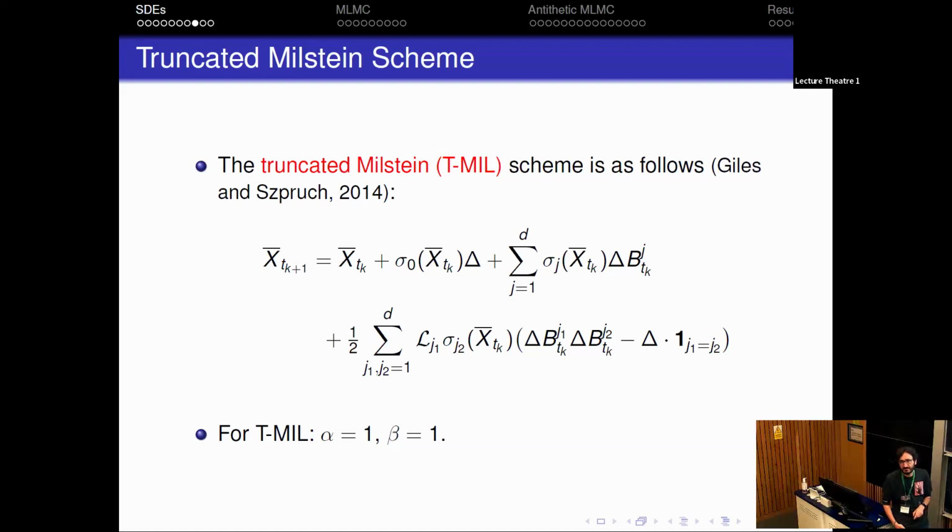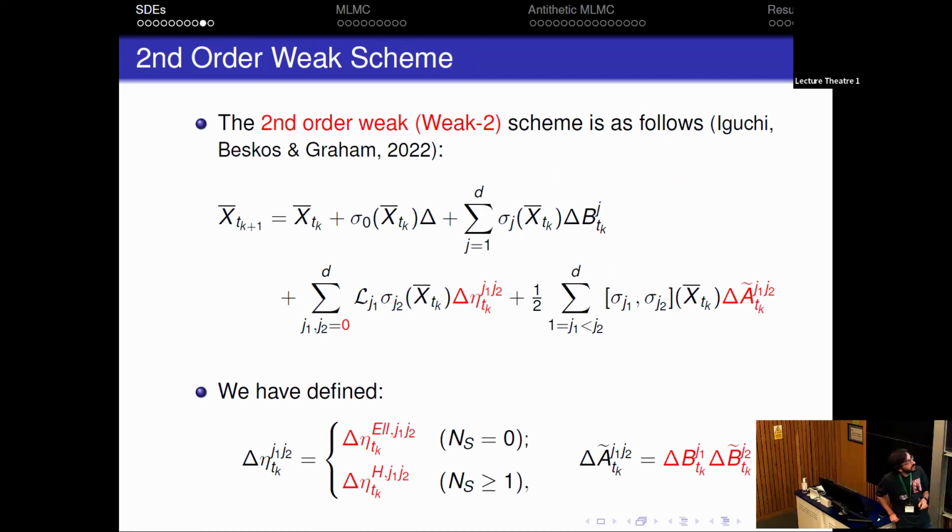This is what they call the truncated Milstein scheme. That's fine, but you lose one power here. So the weak error is 1. Before this, the strong error was 2 in the Milstein scheme. Now it got back to being 1 because some terms are lost in this discretization scheme.